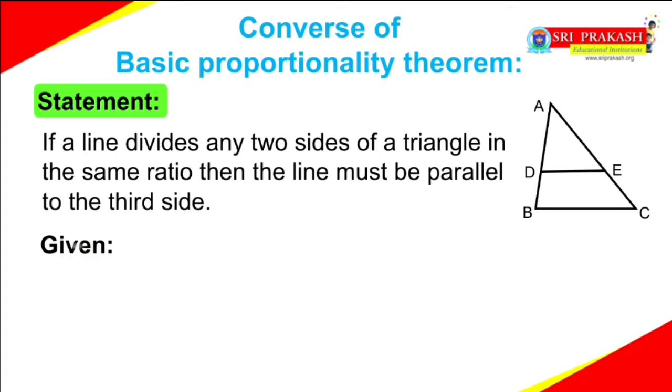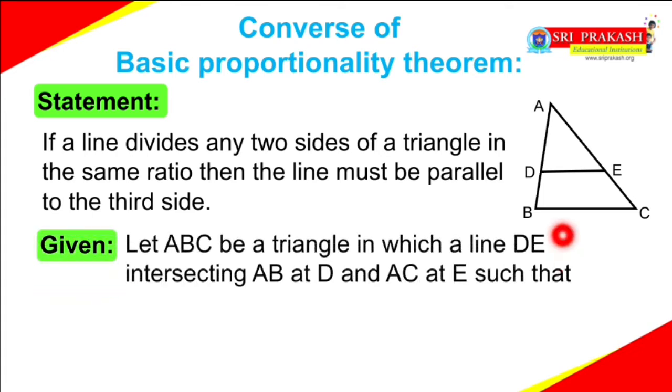Given, children, from the figure, let ABC be a triangle in which a line DE intersecting the sides AB at D and AC at E such that AD by DB is equal to AE by EC.